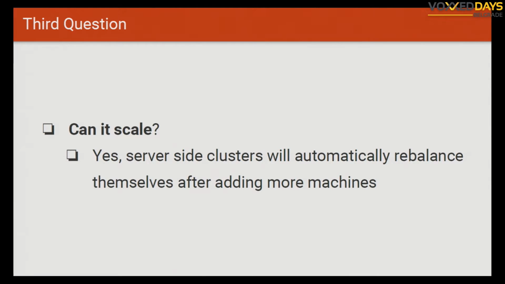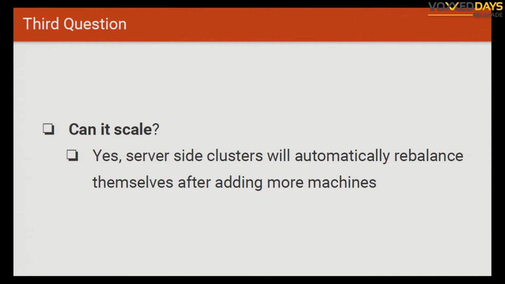And also, if you are getting more and more data, you want to add more nodes to process it. Both Redis and Aerospike support a server-side cluster, and in both cases, you can add machines live. So you will not have to take any of the nodes down.